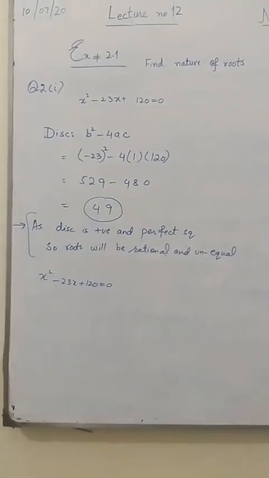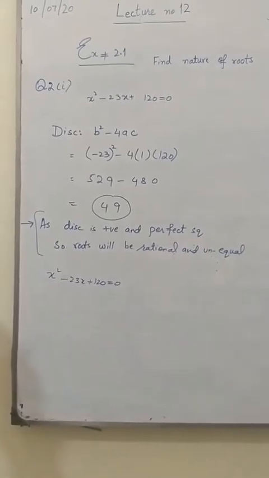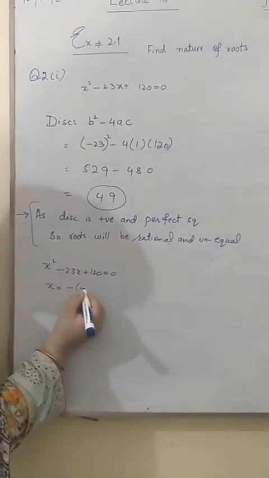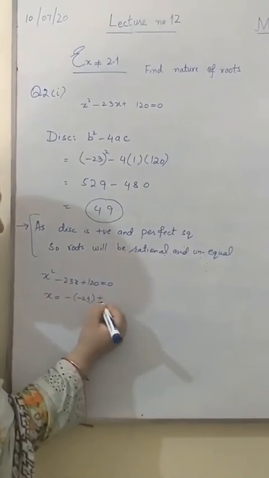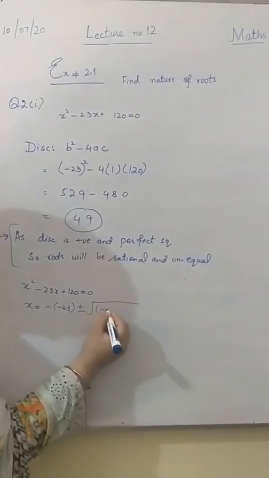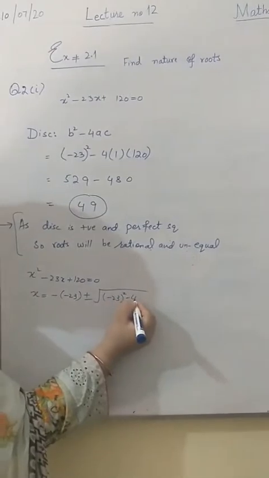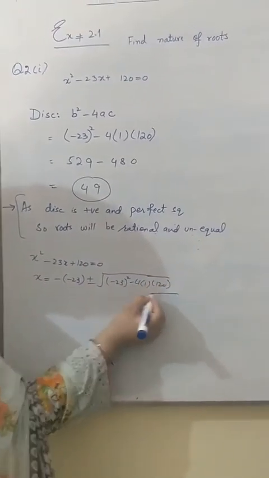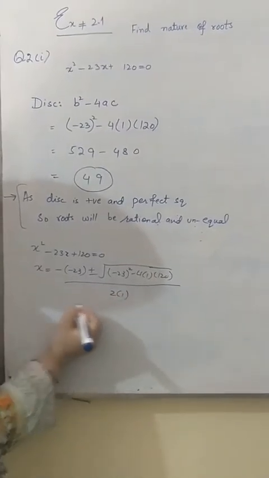We can solve it by using the quadratic formula. X is equal to minus b, meaning minus into minus 23, plus minus the root of minus 23 whole square minus 4 into 1 into 120, over 2 into 1.